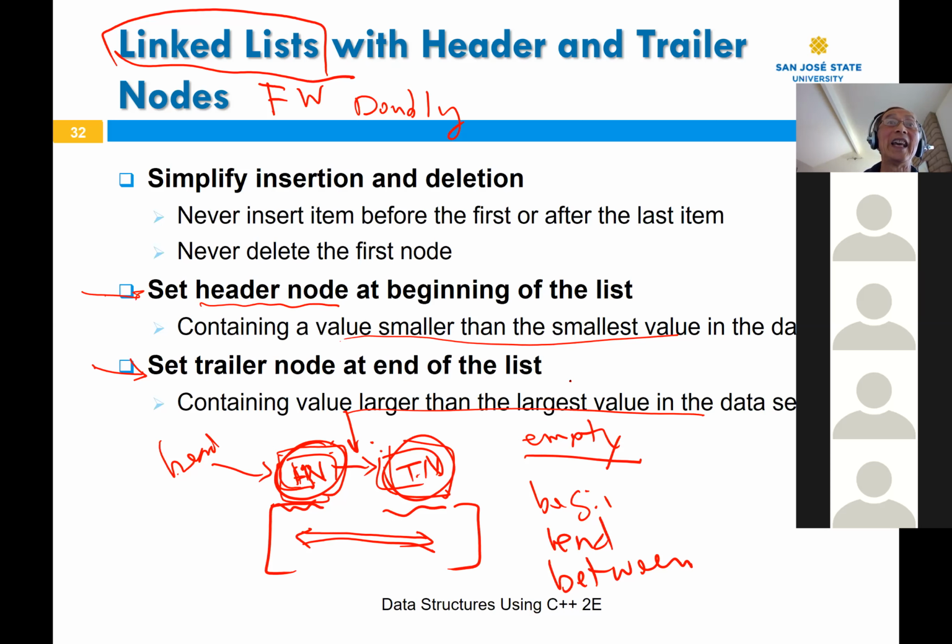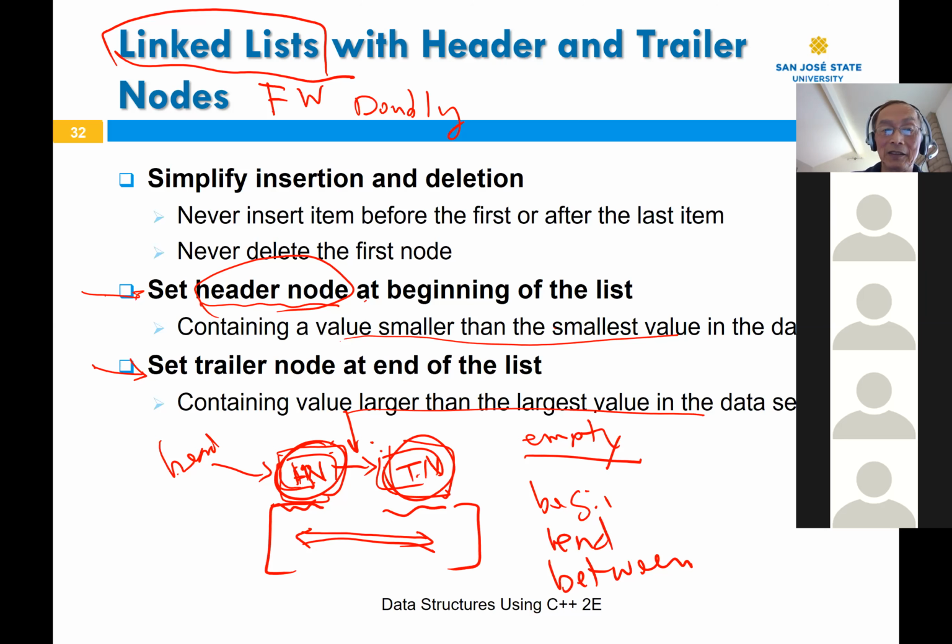The first stock node could be A, but in this scenario this could be a number or something; I don't know what's before A. And if the nodes are sorted by student ID, for example, then the header node could be something like -1, and the trailer node could be 999999999.